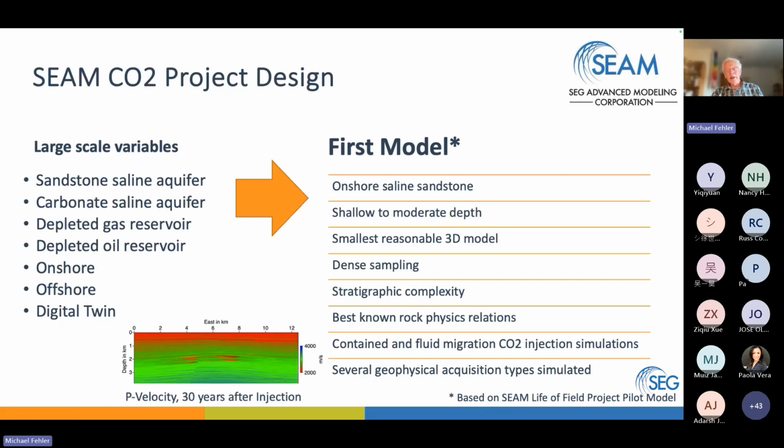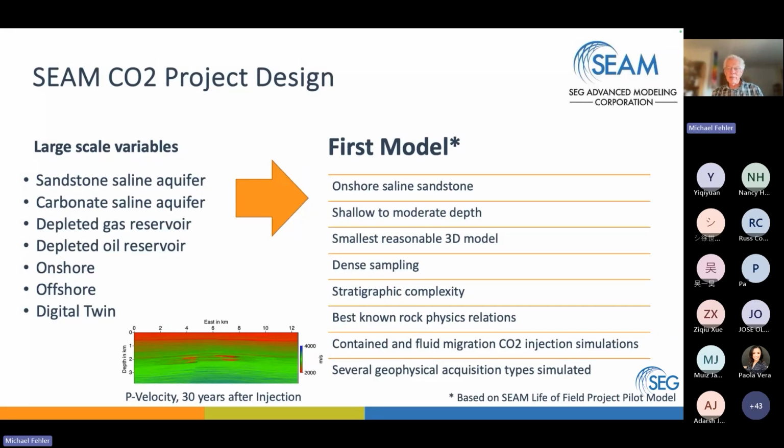The reservoirs are at a depth of roughly 2 kilometers, a little under 2 kilometers to a little over 2 kilometers. It's compact enough that we can do a reasonably good job of doing geophysical simulation on that with current budget, and allow us to investigate different acquisition scenarios and what we might get from those acquisition scenarios on this model.